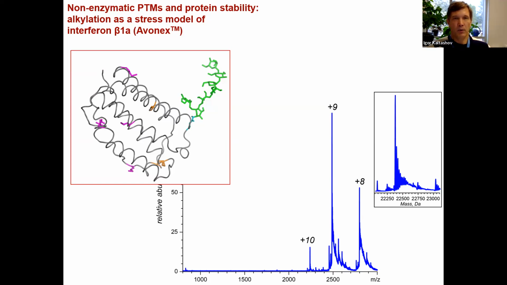So anyway, the example that is shown here is another biotherapeutic. This is interferon beta 1A. It's used for many different things, but this particular formulation was used as a treatment for multiple sclerosis under the trade name Avonex.